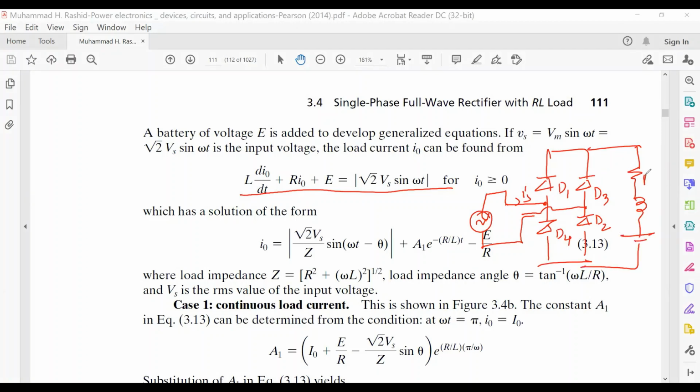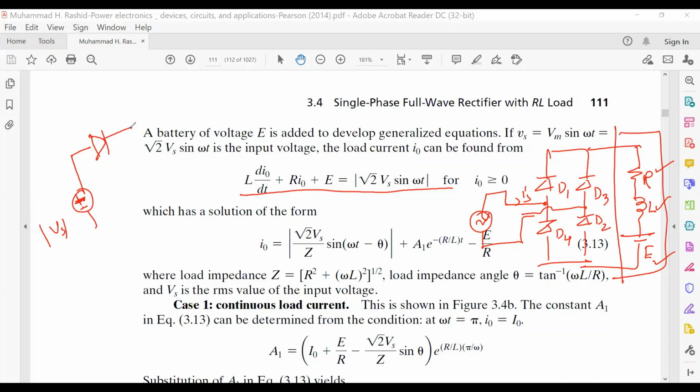What type of load? I already told you. Motor load, DC motor load. Yes, this is your DC motor load. This is resistance, this is the inductance, and this is your back EMF, with positive and negative polarity. This one is the mod value. Then we can replace this circuit by its equivalent circuit.